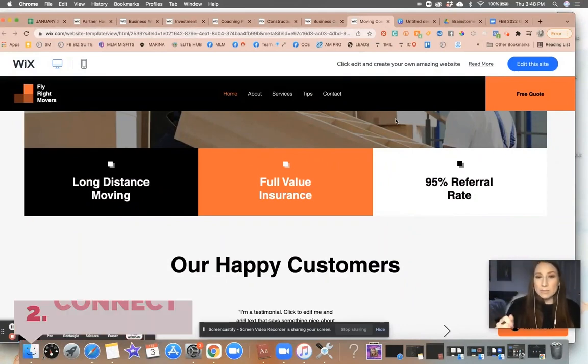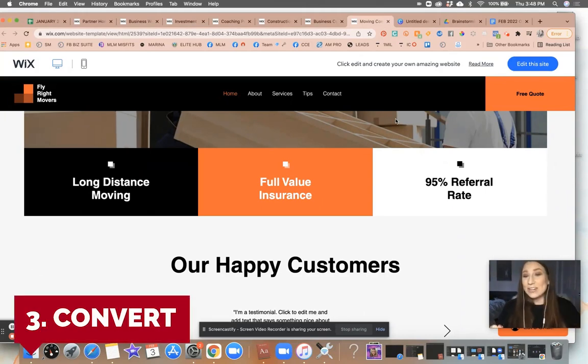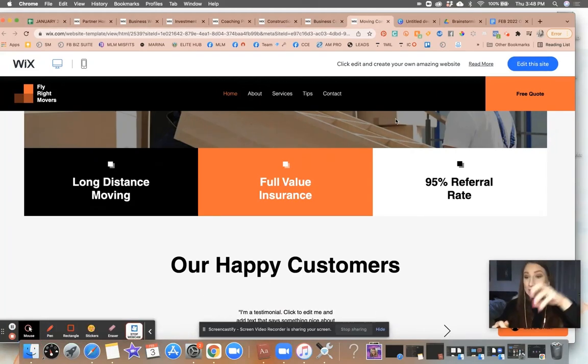How can you help them solve their problem? So attract, connect. And the third thing that your website should be doing is converting. It should be converting them from just a site visitor into a lead, a prospect, a customer, what have you. So those are the three goals when someone lands on your website: to attract, connect, and then convert.